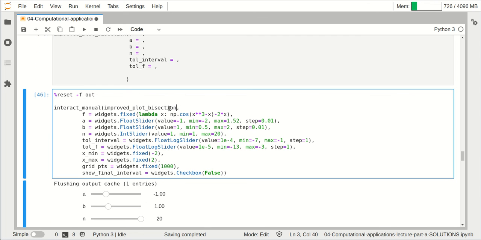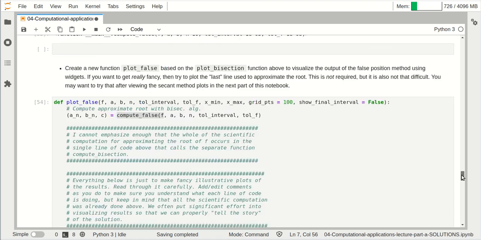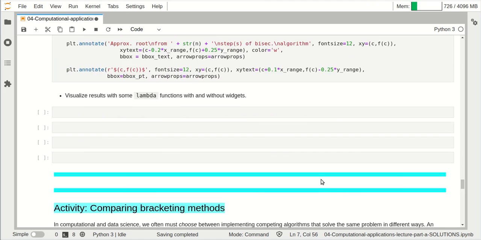And instead of improved plot bisection, you're just going to do plot false. You're just going to change the name of this function right here that you're calling. That's it. I don't think you need to see me do that. So that's going to finish that activity.